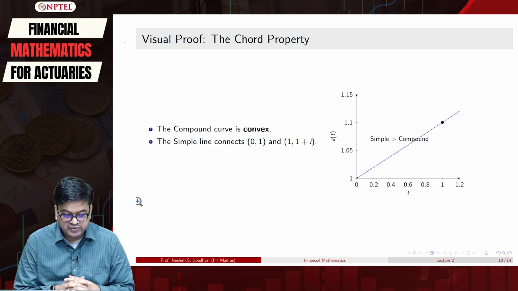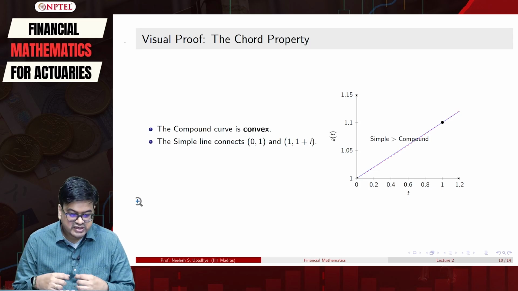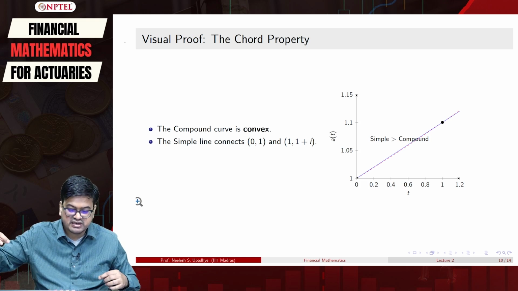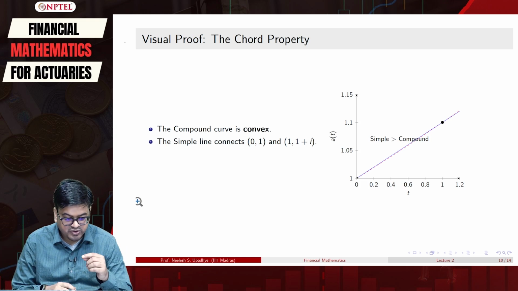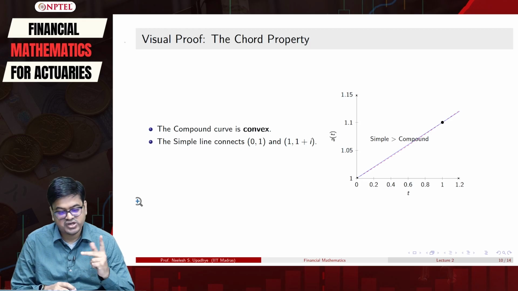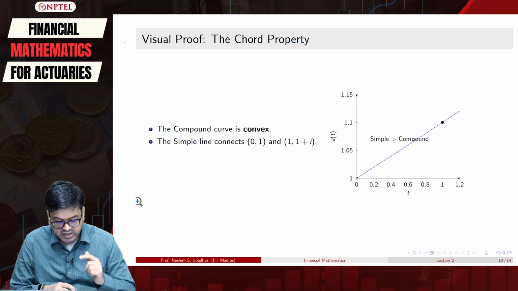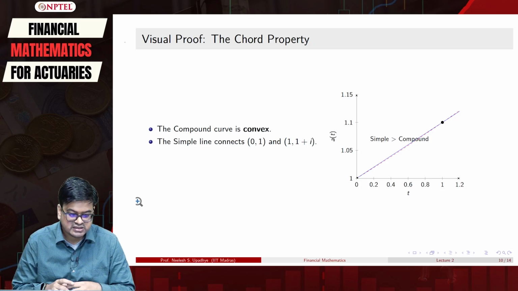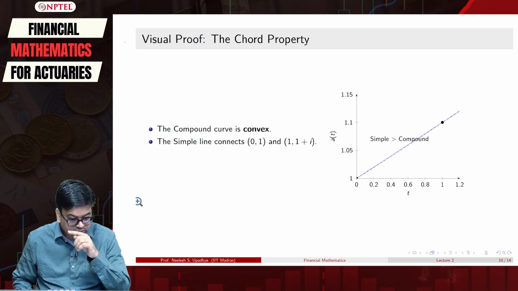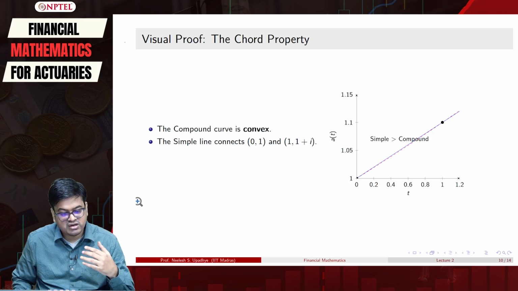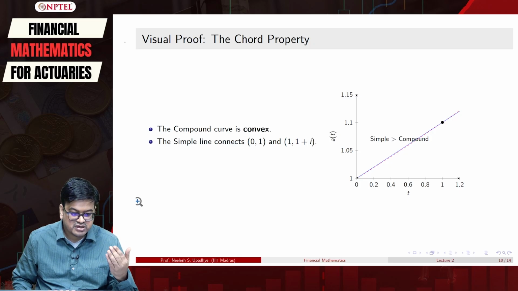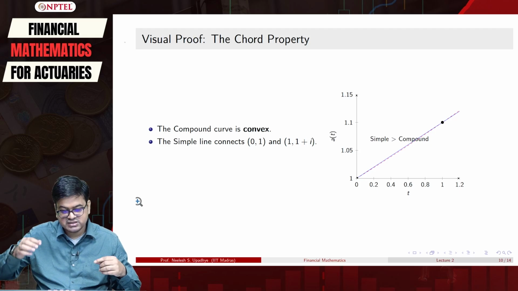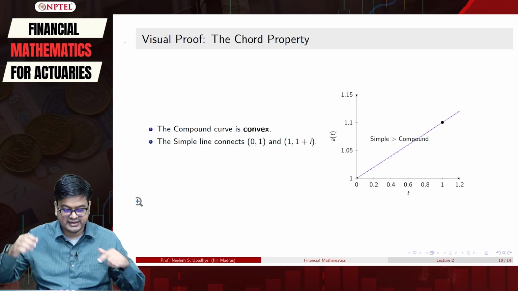If you want to do the detailed analysis, you can see the line that has simple interest connects the points because it's a linear thing. So 2 points uniquely determine a line, 0, 1 and 1, 1 plus i. These are xy coordinates, and this is the line. When you consider the compound curve, the convexity property says that if the curve is convex, then it will lie below the line.